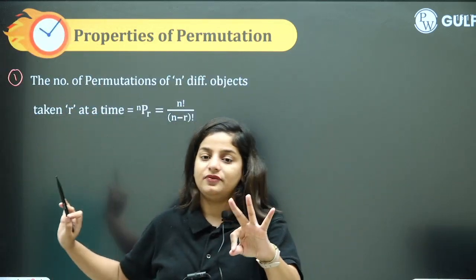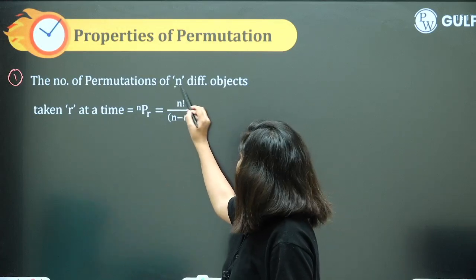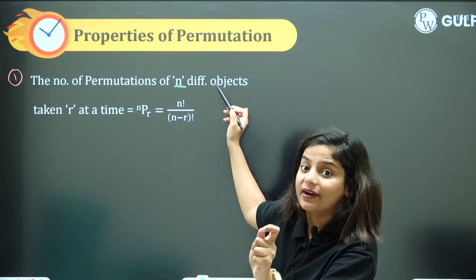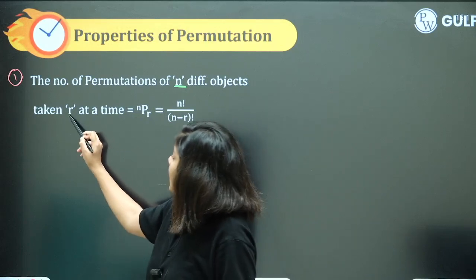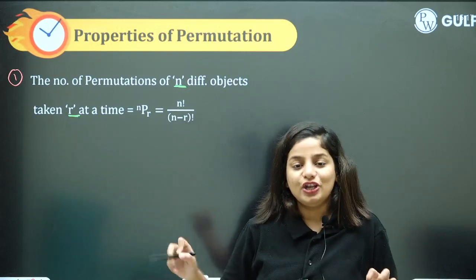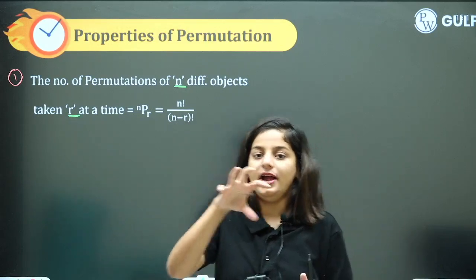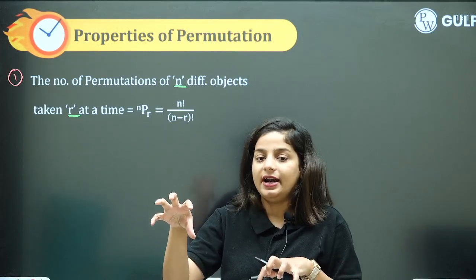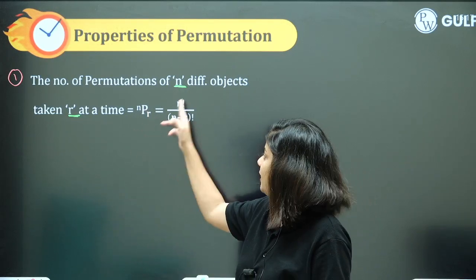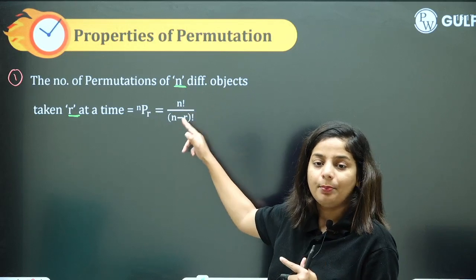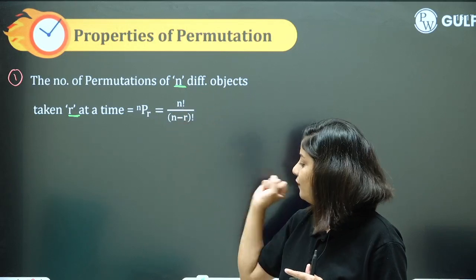There are 3 types of permutation. First type, when n different objects are there, different objects, remember, and you're selecting and arranging r at a time. So n objects taking r at a time, the formula is nPr, n factorial upon n minus r, the whole factorial.